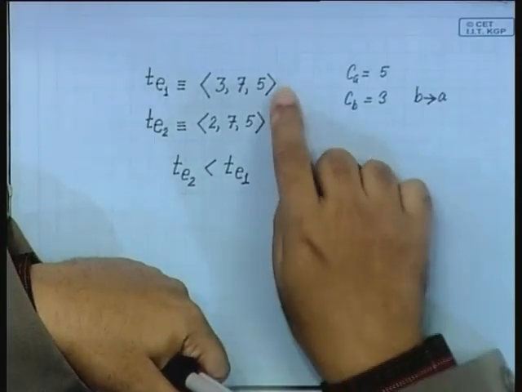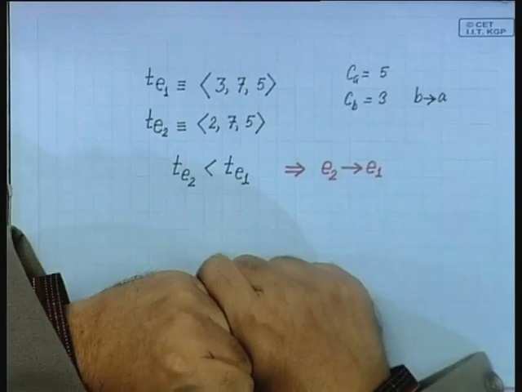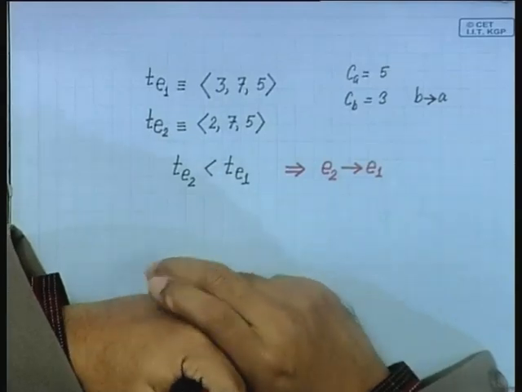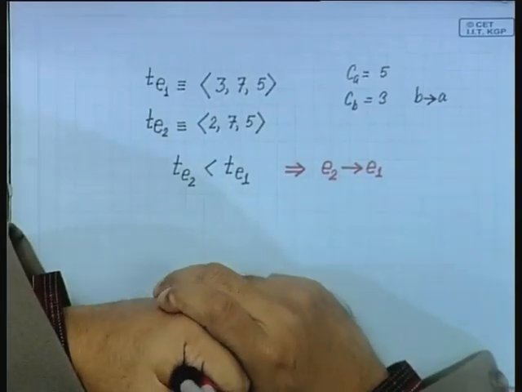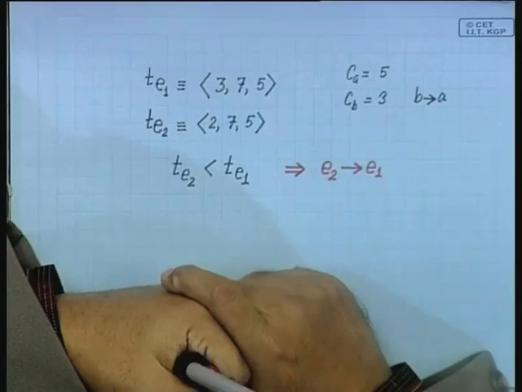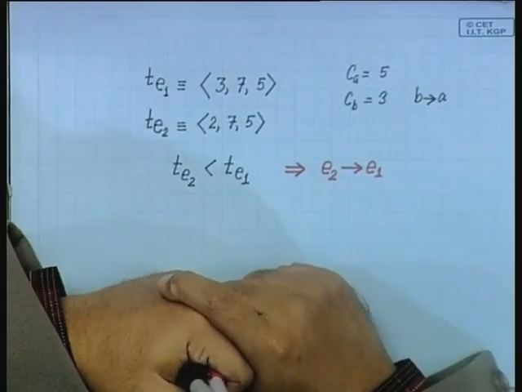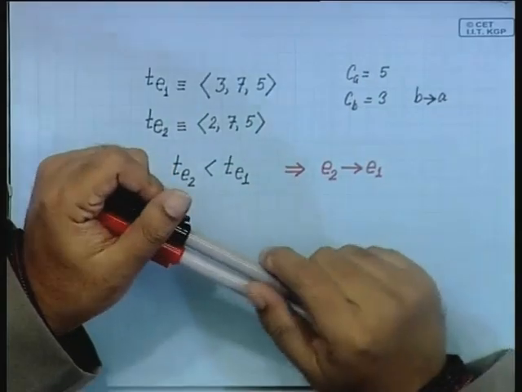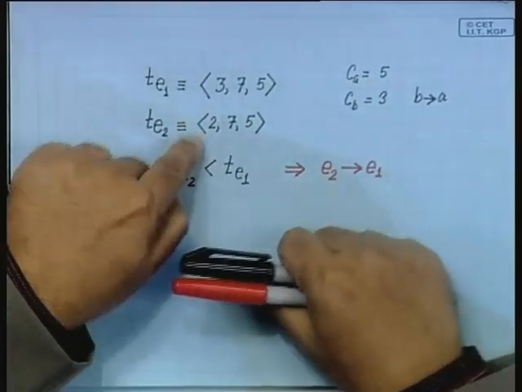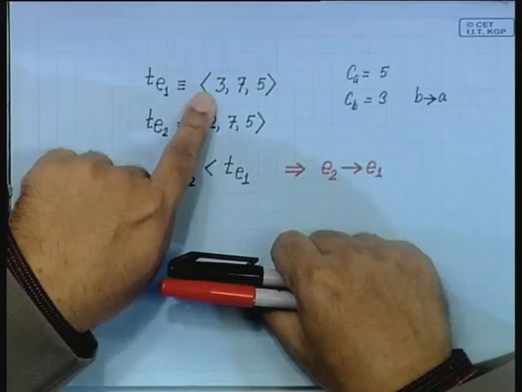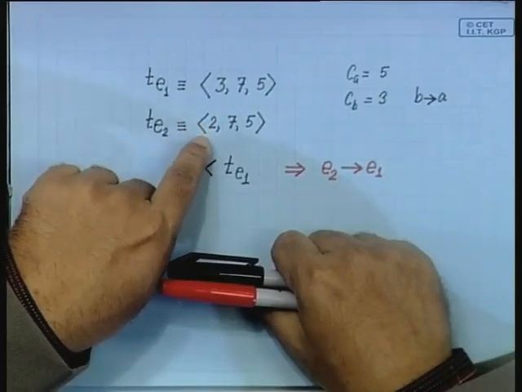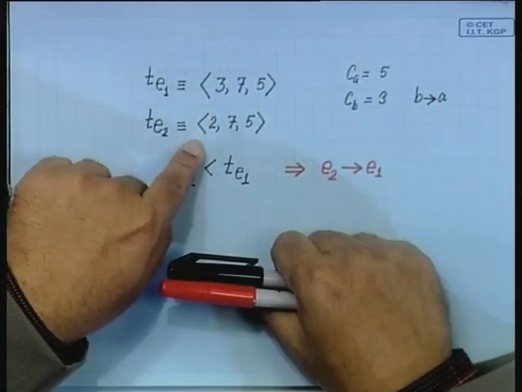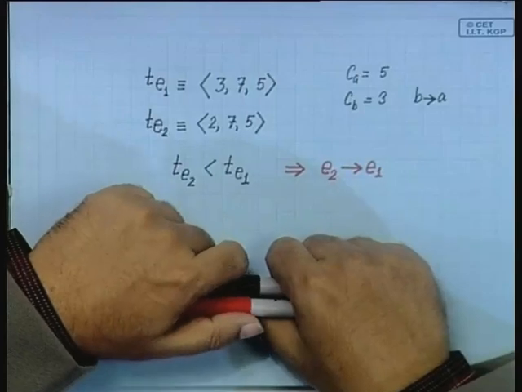Can we say that they happened in the same process? We can. So, if they are in the same process, then there is a causal order between them, because they are not concurrent and this clock was incremented.